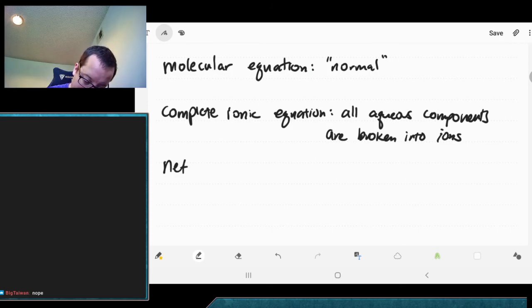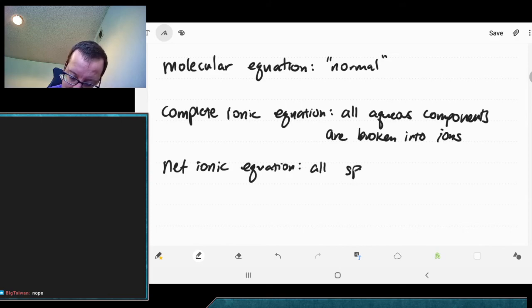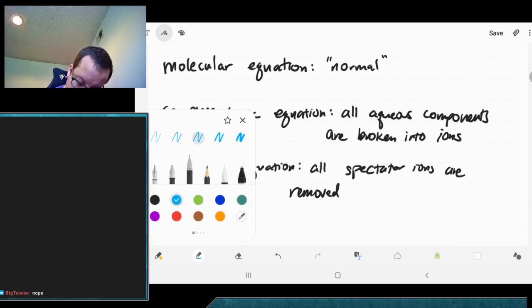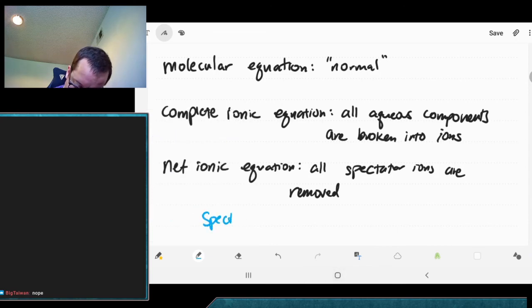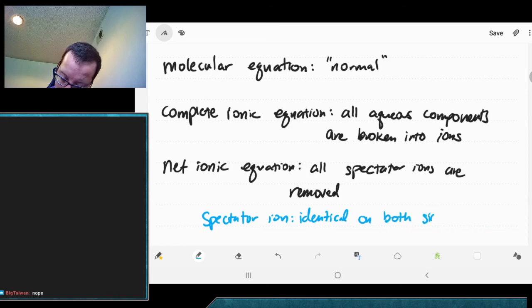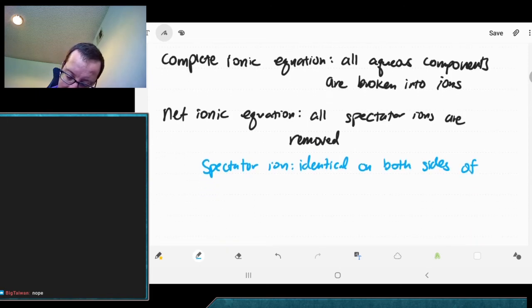And then our net ionic equation, all spectator ions are removed. And remember, a spectator ion means it's identical on both sides of the complete ionic equation.